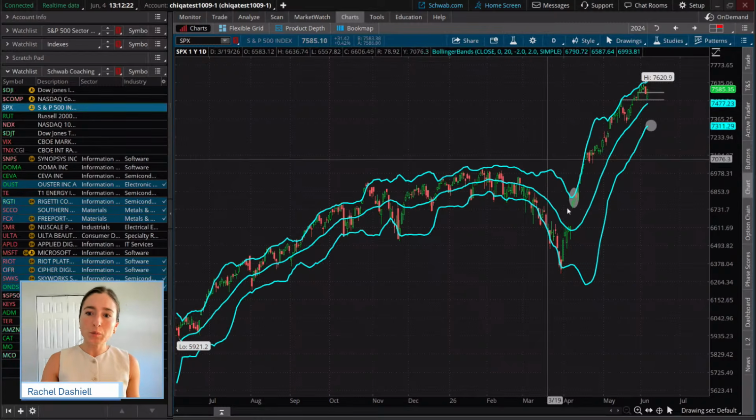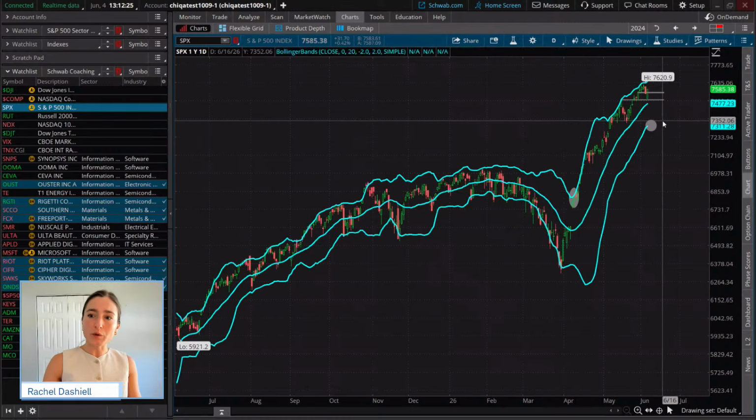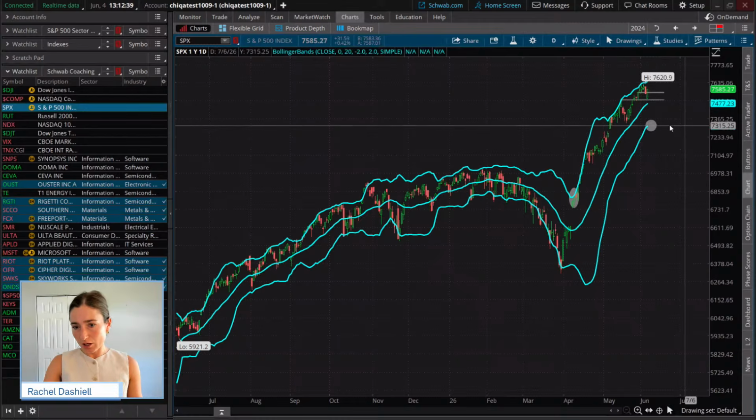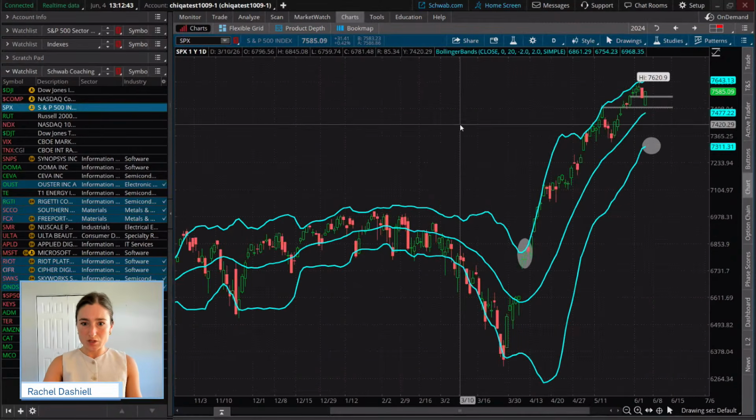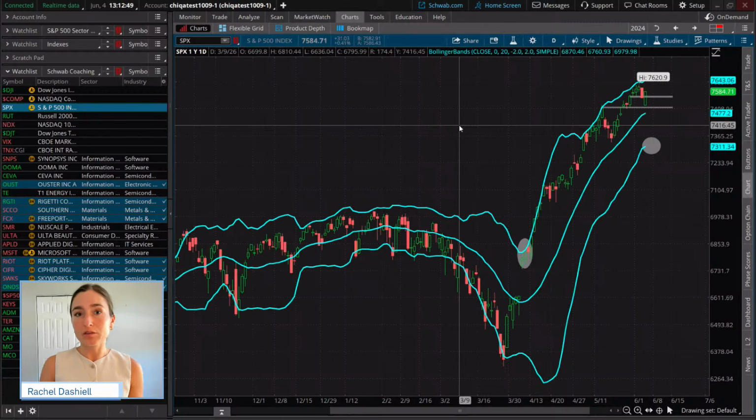So I gave you a bullish example of where we would still be in that trend trade with the S&P 500. But let's just say we are looking for a little bit more of a bearish type of trade. I'm going to give you a couple different examples looking back here, and then we'll look at some live examples too. So taking everything into account, the direction or slope of the Bollinger Bands.